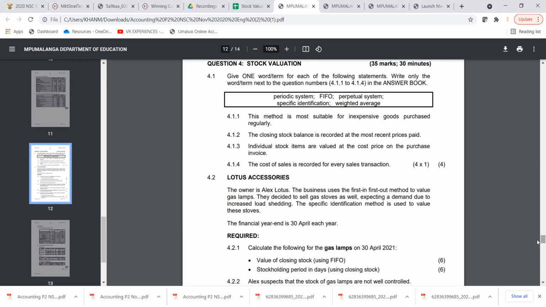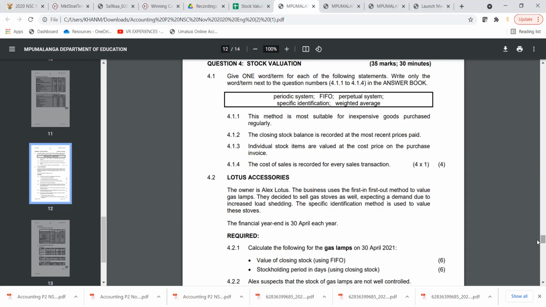So what you must understand is that the periodic system and the perpetual system are costing systems, inventory costing systems. Let's start with the perpetual, then we come back to the periodic.